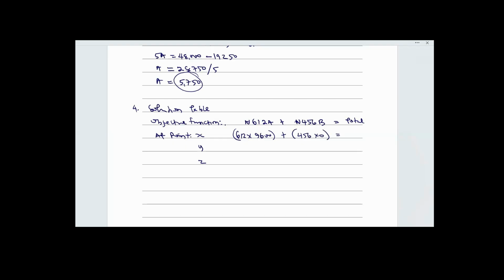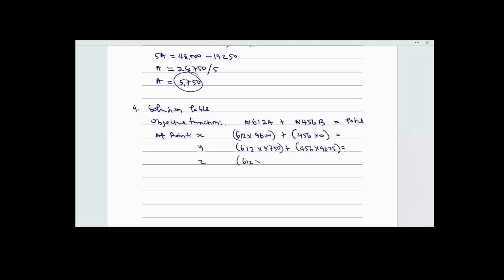The second one, 612 multiplied by 5,750 plus 456 multiplied by 9,625.